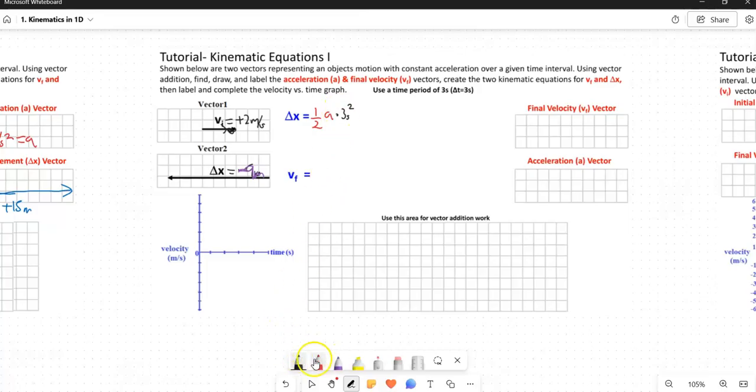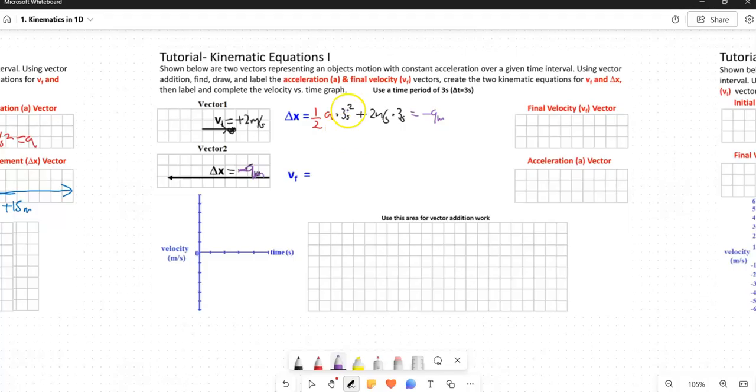And then we're going to add to that the positive 2 meters per second that we're then going to multiply by 3 seconds. Okay, so this is 1/2 a delta t squared plus initial velocity delta t. We know this has got to be equal to -9.